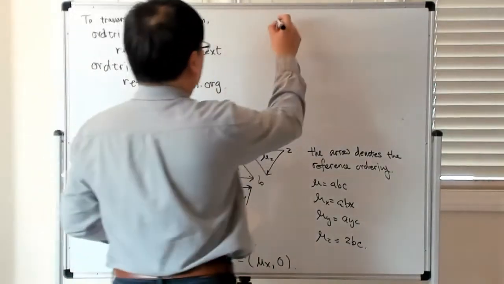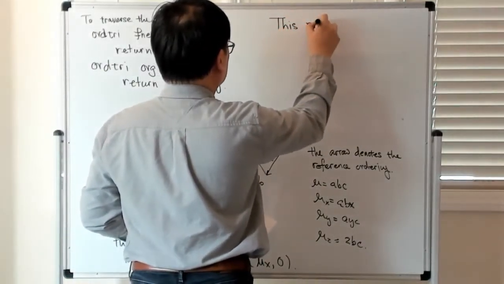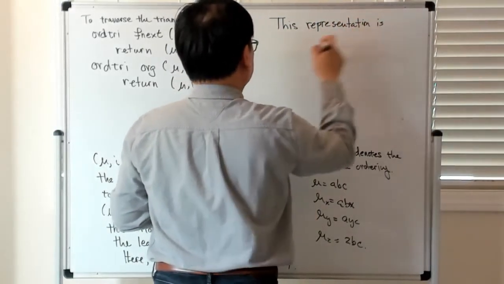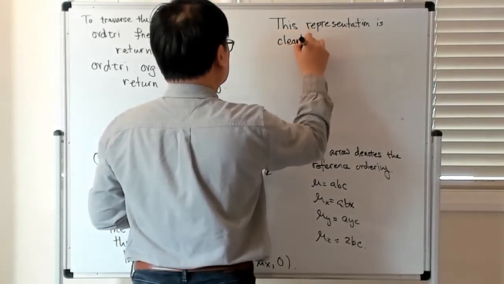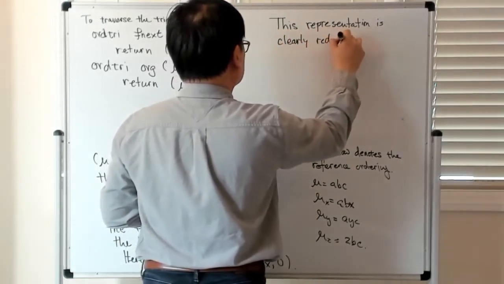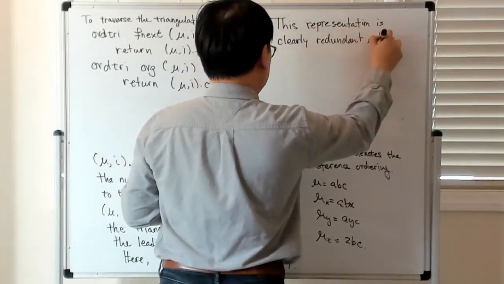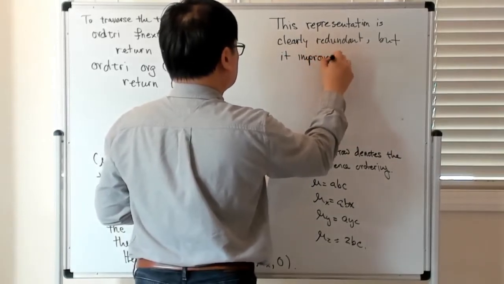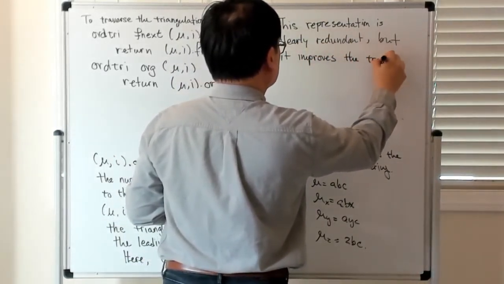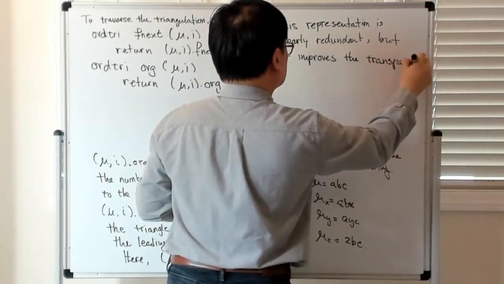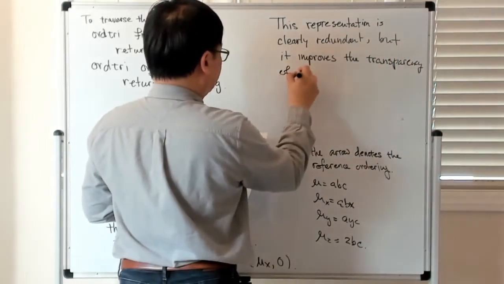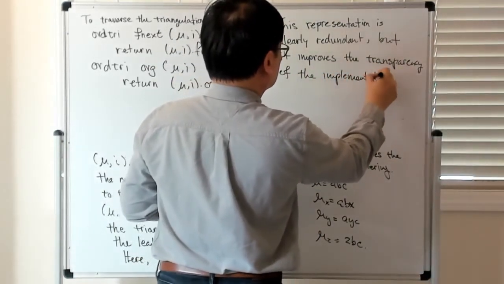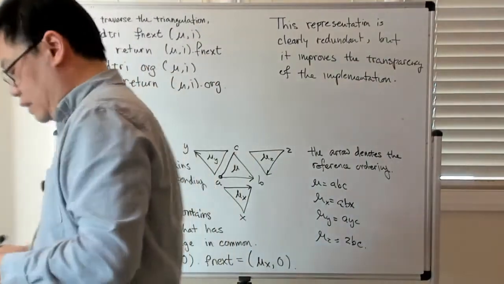Anyway, this representation is clearly redundant, but it improves the transparency of the implementation. All right, so let's stop here for now.